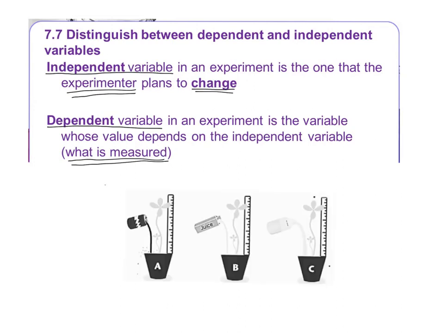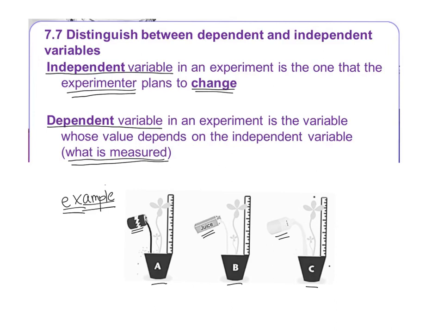Let's study an example. In this experiment, a student has 3 plants, plant A, plant B, and plant C. And this student is wondering if he gives the plant Pepsi, or juice, or water, which of these liquids will make the plant grow more?